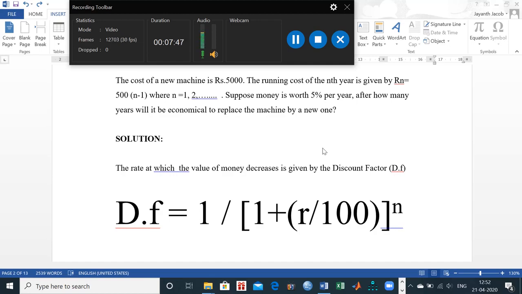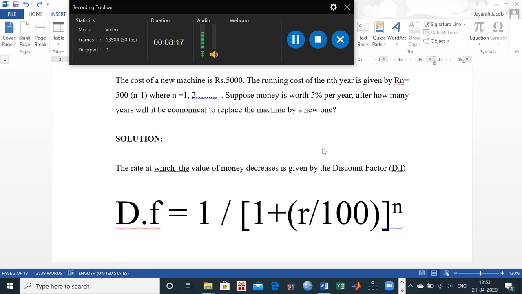So we need to remember that salvage value is always accounted at the end of the year, while maintenance or running costs are accounted at the beginning of the year. And that's the reason when we use discount factor on running costs, it is n minus 1 in the denominator, and the discount factor for the salvage value would be n in the denominator.